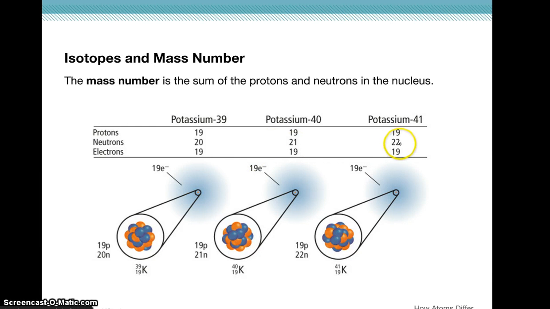So, knowing the element tells us the protons, and then the mass number at the end can help us figure out how many neutrons there are, because we can't get the neutrons from the periodic table. The periodic table tells us something different. Now, the other thing you can look at is when you're using the symbol instead of the name. The protons go on the bottom, so that's the atomic number, and then the mass number goes on the top.